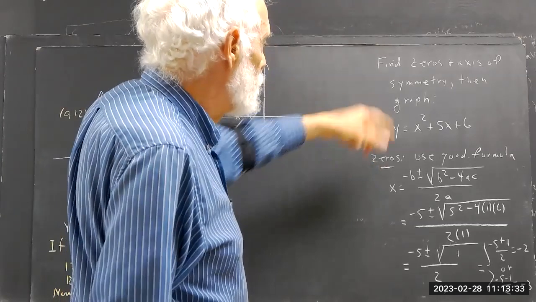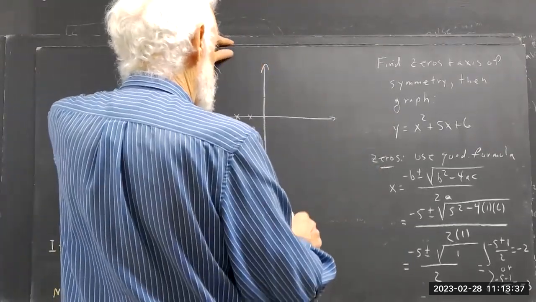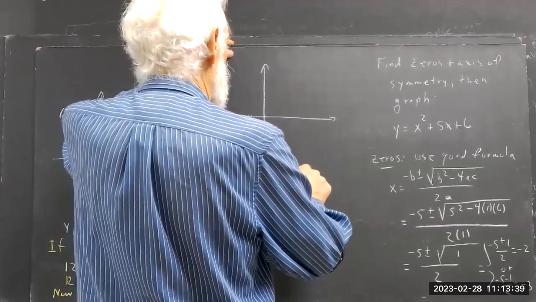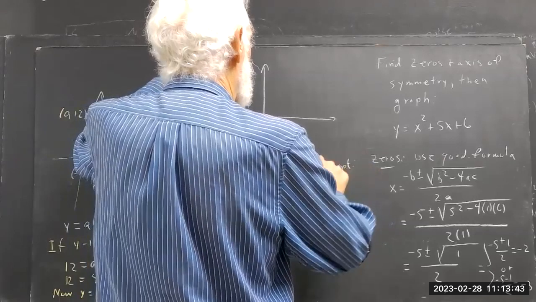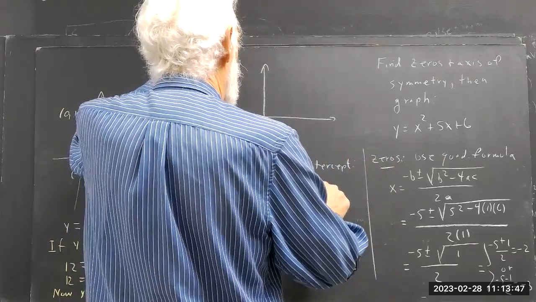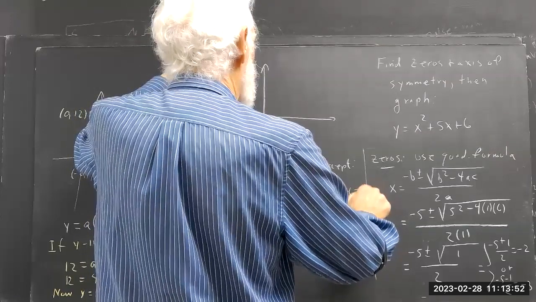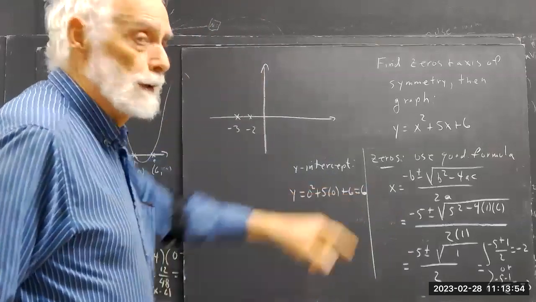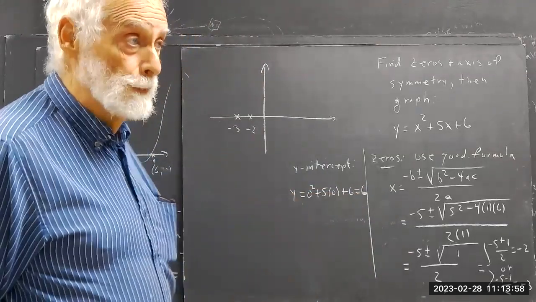You can also find the y-intercept. That occurs when y equals 6, because again, the y-intercept occurs when x equals 0.